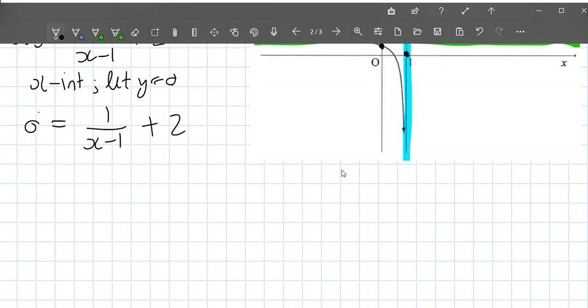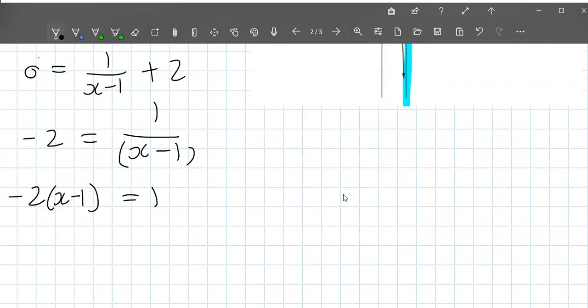We want to take that 2 across and say minus 2 is equal to 1 over x minus 1. And now we have one term on each side, so we can times both sides by x minus 1. So minus 2 times x minus 1 equals 1.